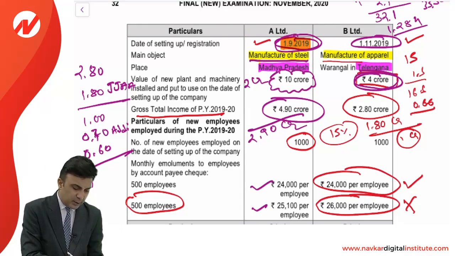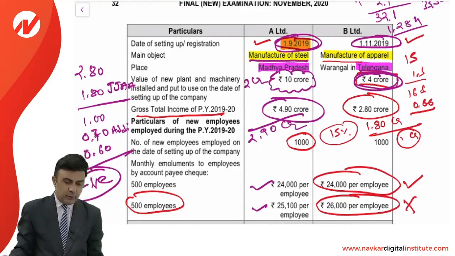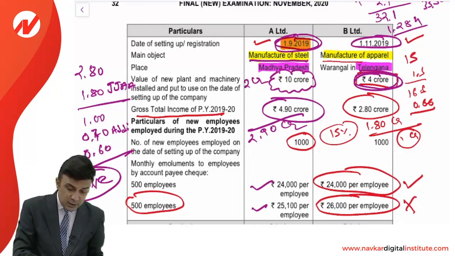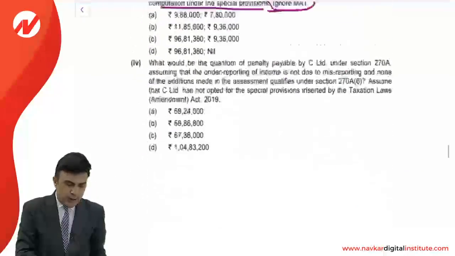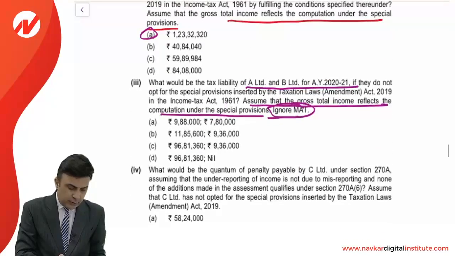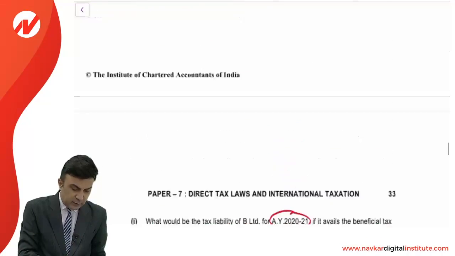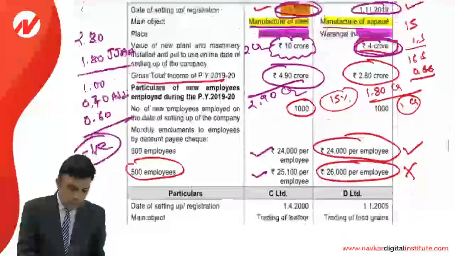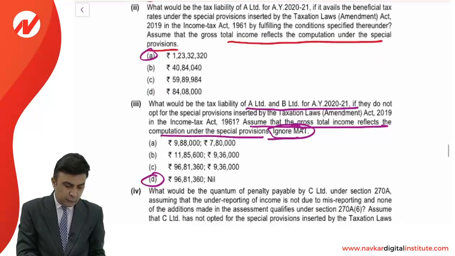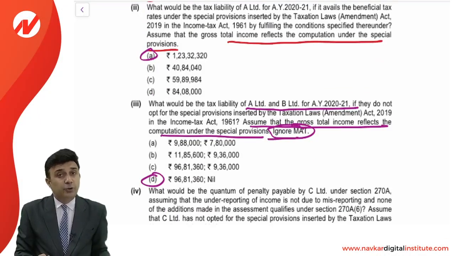So your income is going into negative. There would be carried forward unabsorbed depreciation due to additional depreciation, and as your taxable income is 0, your tax payable is going to be nil. So your answer over here will be 9681,360 as well as 0 would be your answer. So your answer is going to be D for point number 3.